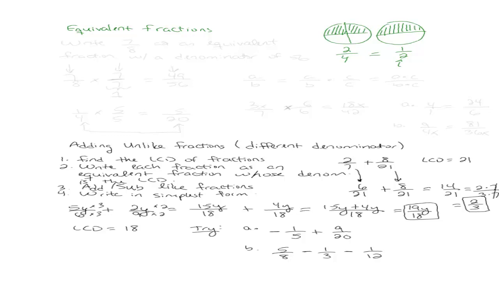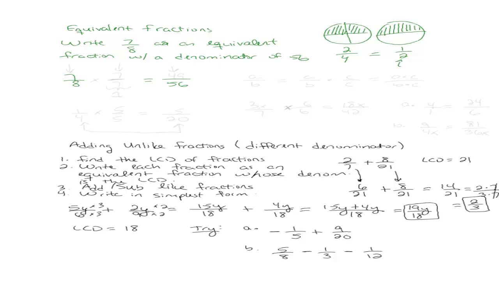So let's say we want to write 7/8 as an equivalent fraction with a denominator of 56. So I have 7/8 and I want to write it with a denominator of 56.